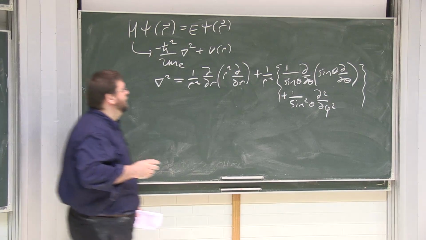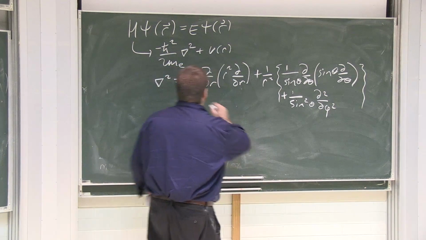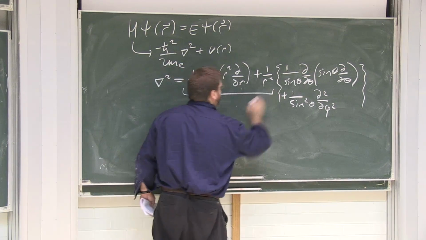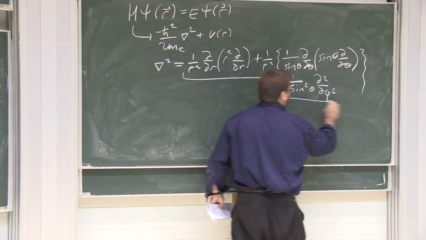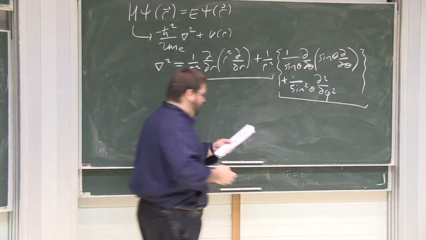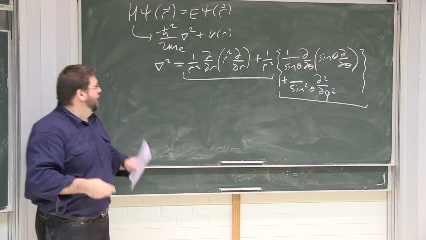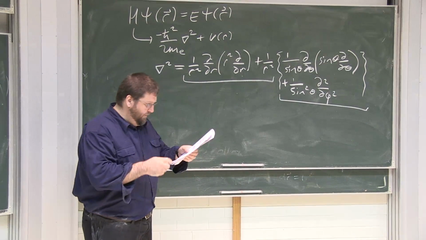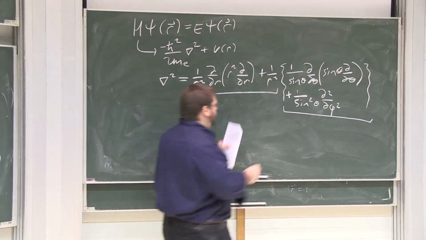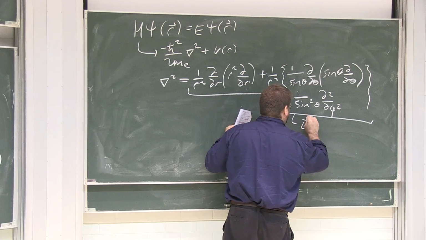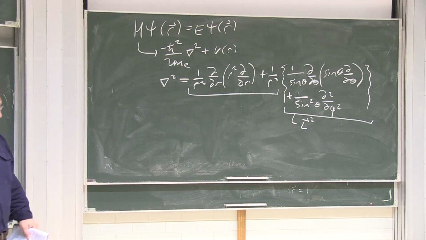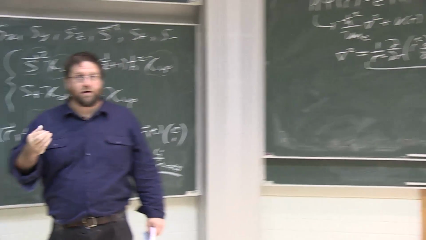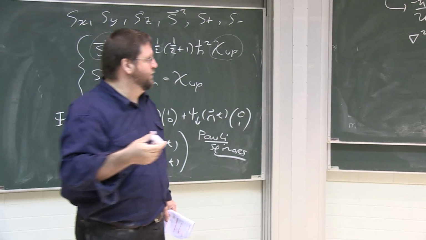A second thing I note is that this part depends only on r, and this part depends only on theta and phi. And the third thing I note is that we remember an earlier exercise when I asked you to calculate L squared, the orbital angular momentum operator squared, in spherical polar coordinates.